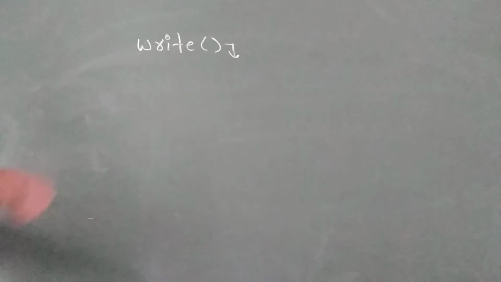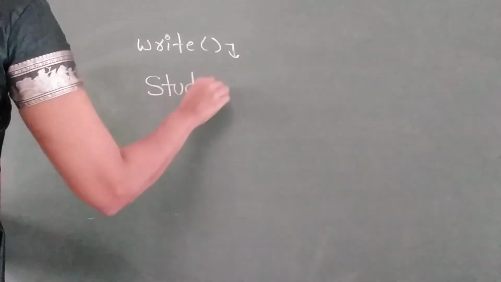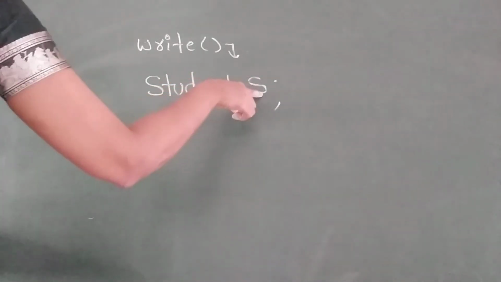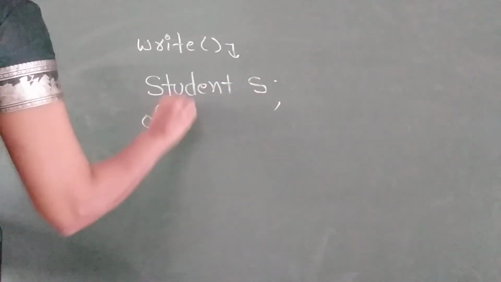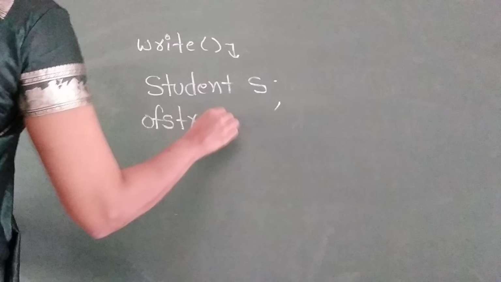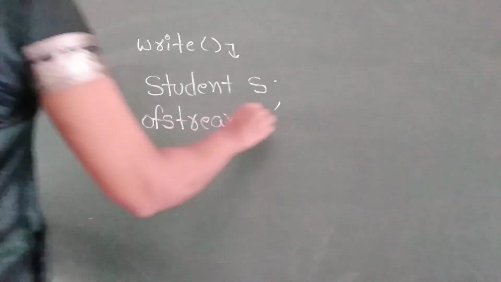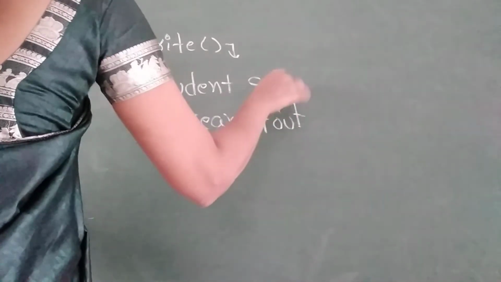So let us see an example here. Student s, for this class we created an object called s. Now ofstream fout. The stream object is fout. Fout means file out.